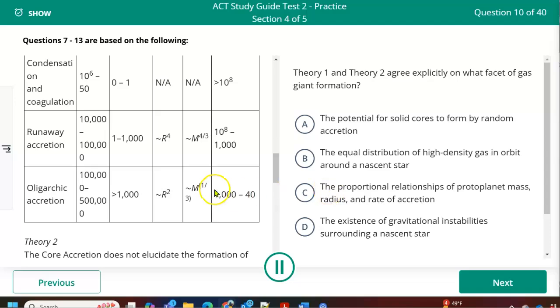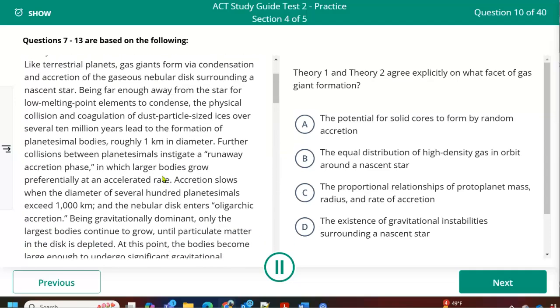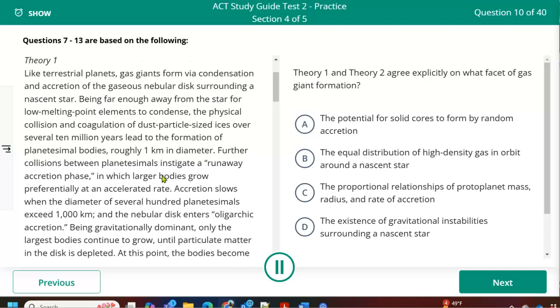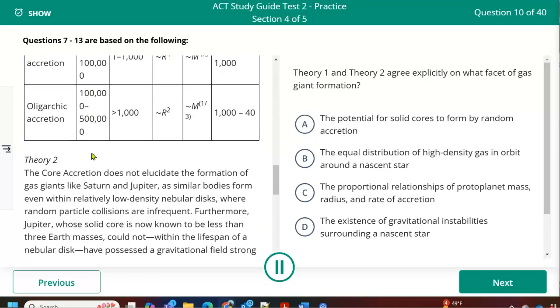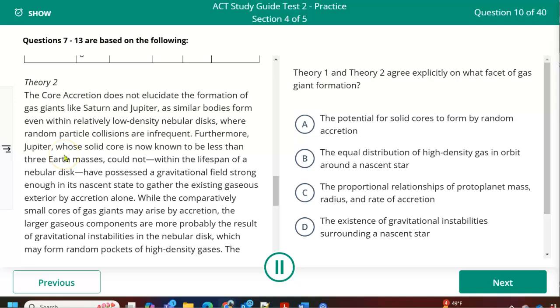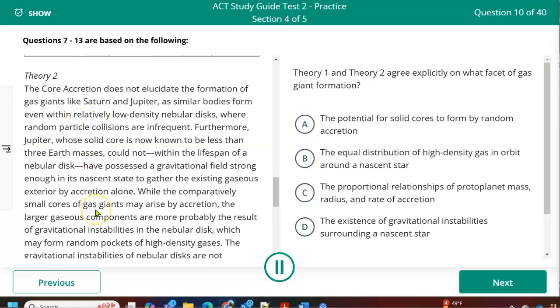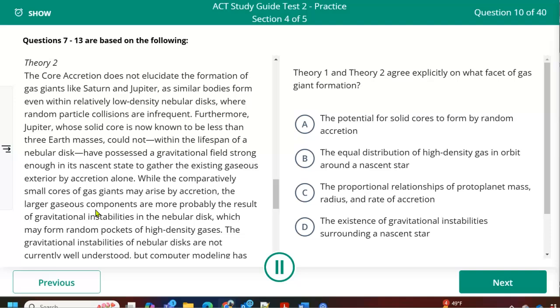Now we're down to A and B. Equal distribution of high density gas in orbit around a nascent star. Gas giants form via condensation and accretion of gaseous nebular disks surrounding a nascent star. Does theory 2 talk about that? Anything in here about a nascent star?